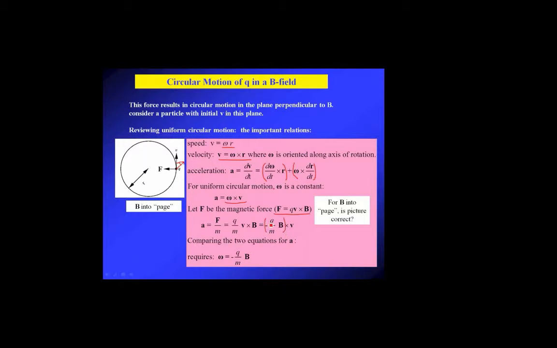So it's minus q over m B. So if we go back to what I was saying in terms of the direction of omega, omega was out of the paper or page, B was into the page, so that minus sign is in fact correct.